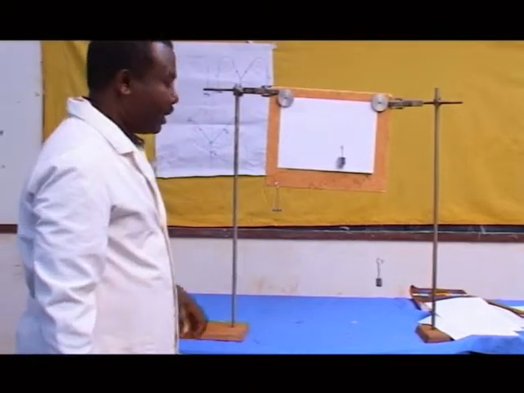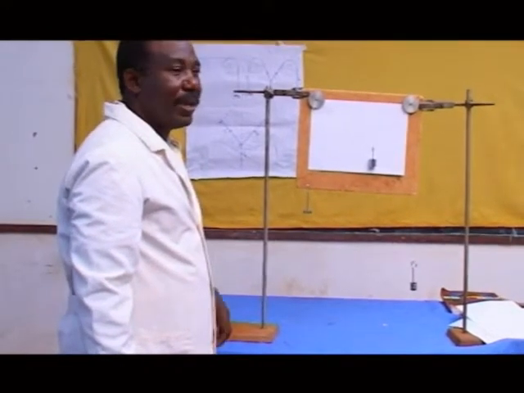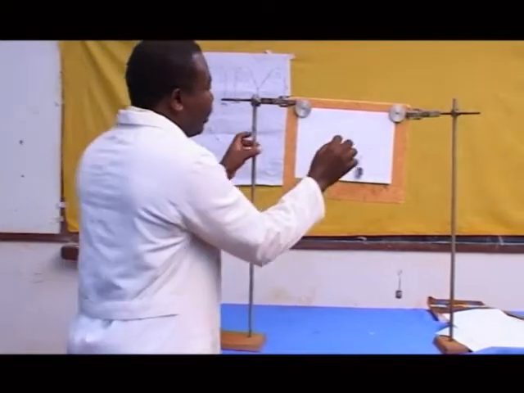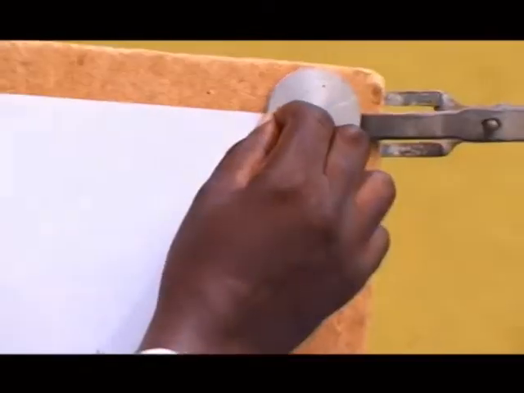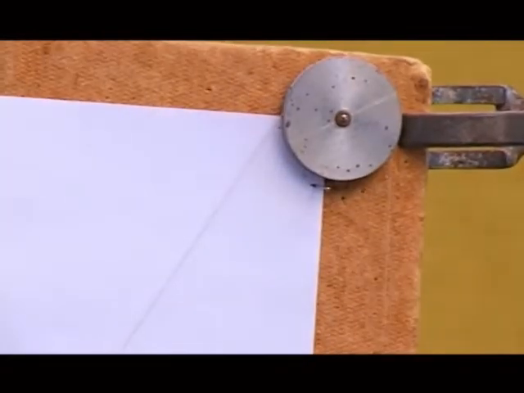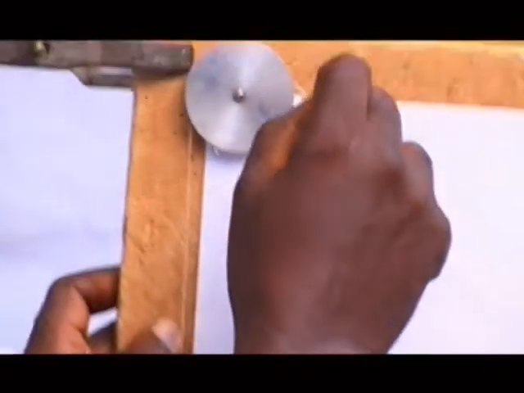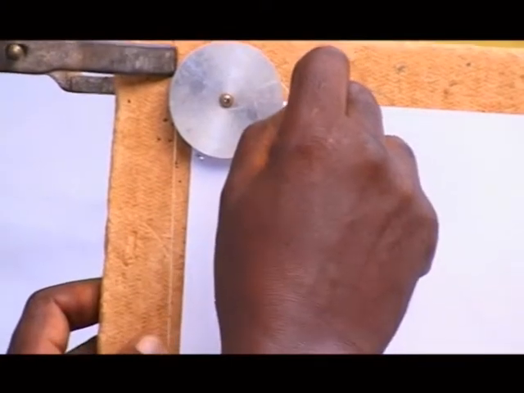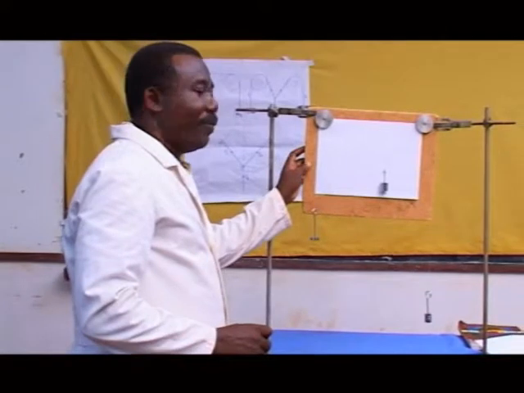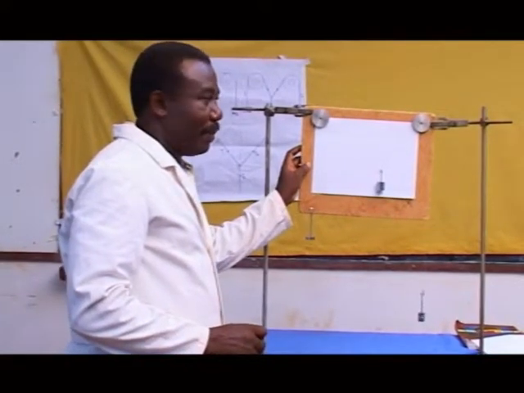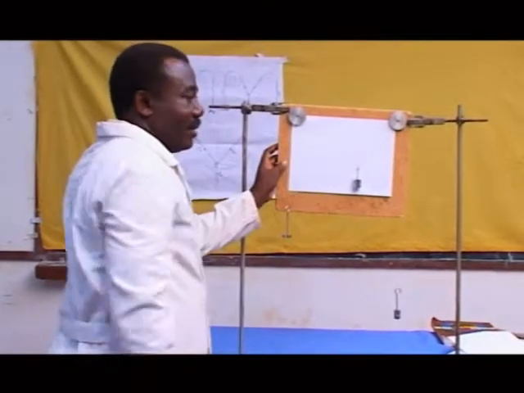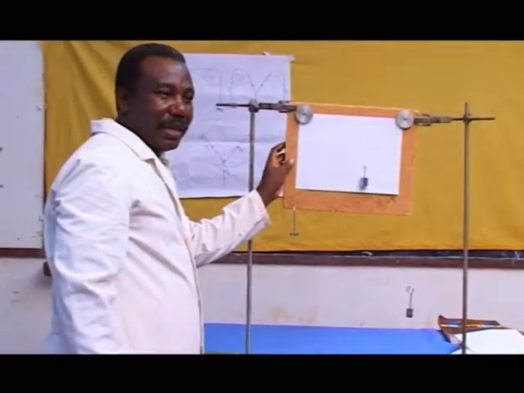After seeing that it settled at the same point, mark the corners at that point, then remove the plain paper and trace the lines on it using a pencil.